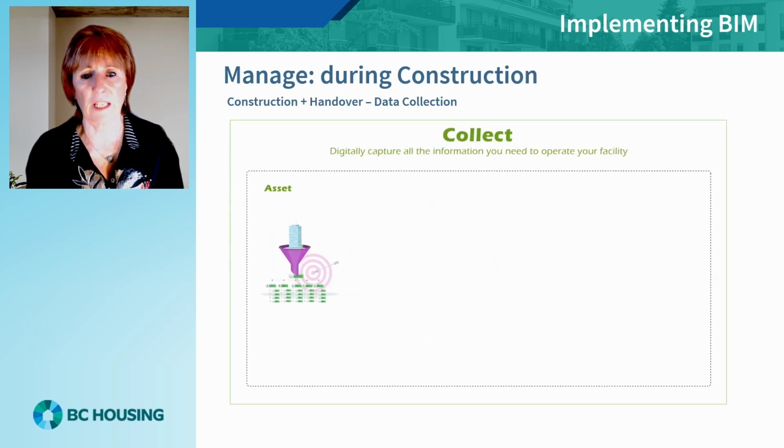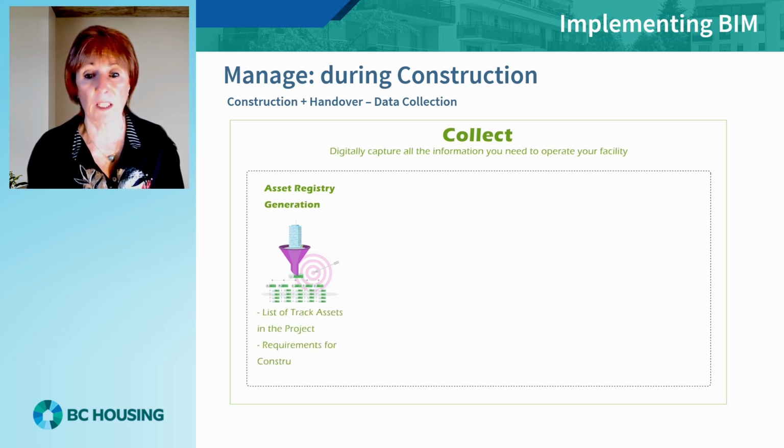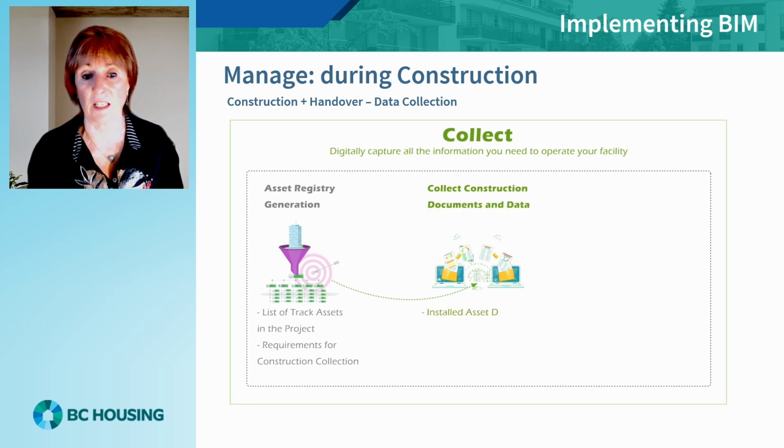A digital, data-driven process enables the generation of an asset registry, a list of all assets of interest to FMO, but typically focused on those assets that require maintenance. What is the installed asset information that is to be linked or connected to the design intent asset data?